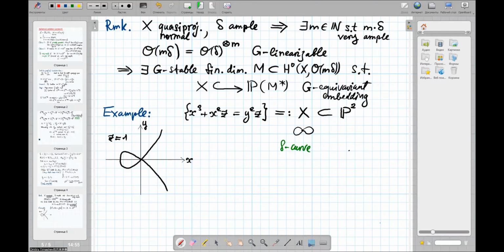So X tilde, the normalization. This is the normalization map, which I denoted previously by nu, and X tilde is just the projective line. And this normalization map can be visualized as follows. On the projective line, we have 2 points, 0 and infinity. And the projective line goes like this.